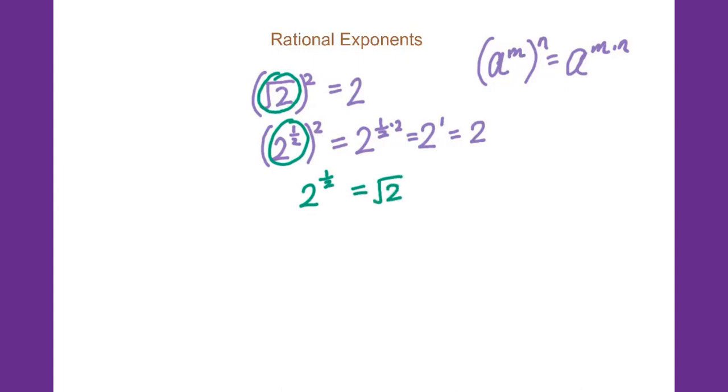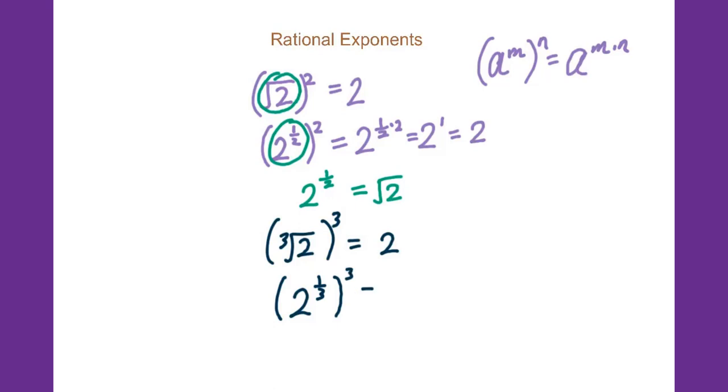Let's do more. If I have a cubic root of 2, how can I get the 2? I will do the third power. If I have 2 to the 1/3 power, I want to do the third power. Let's see what we will get.